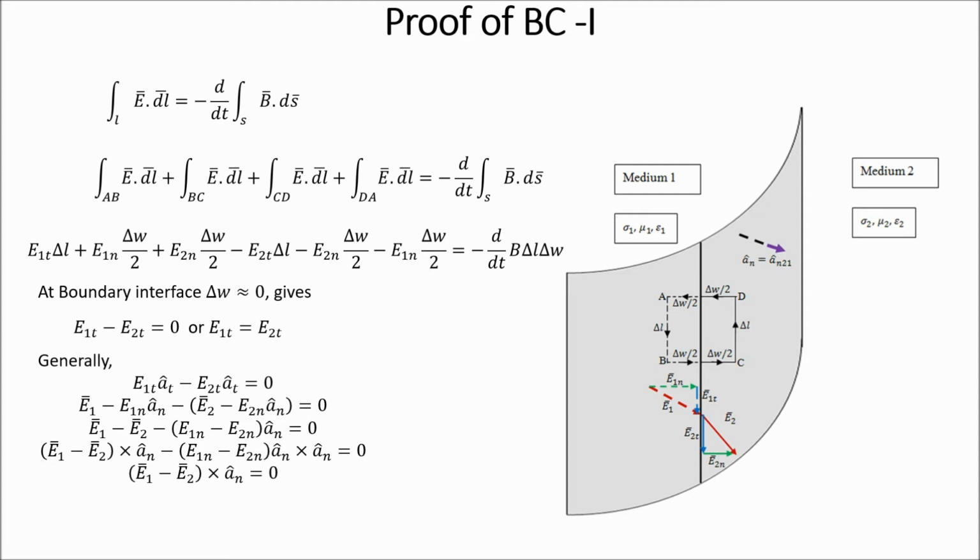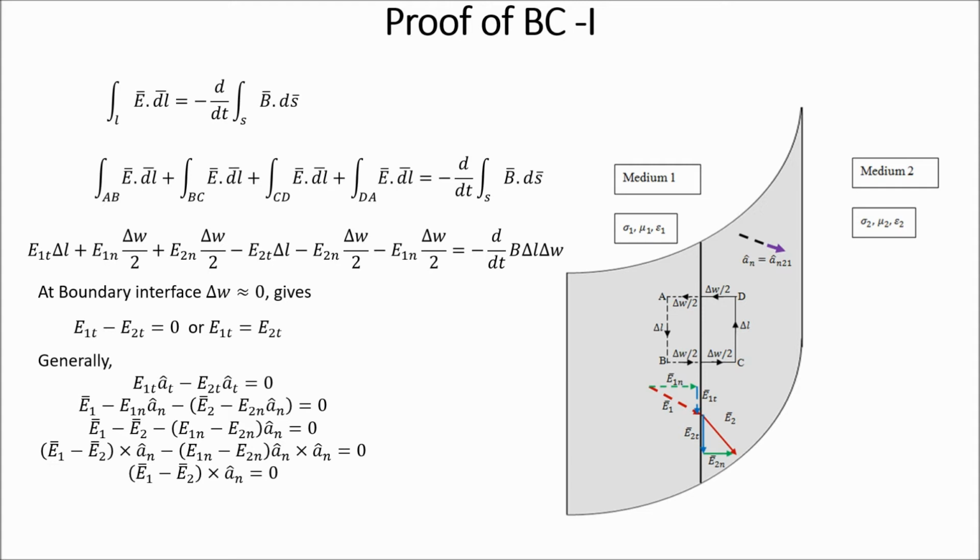For BC we have half of it with component E1N and the other half with component E2N. So we write E1N delta W over 2 plus E2N delta W over 2 for the E dot dl of side BC. Similarly for CD, we are moving from C to D, so we have the electric field E2T in the opposite direction.